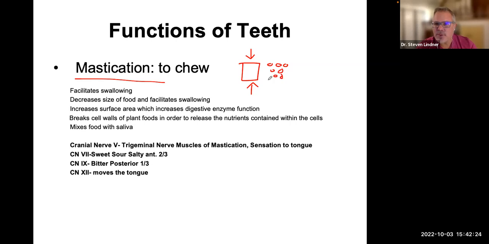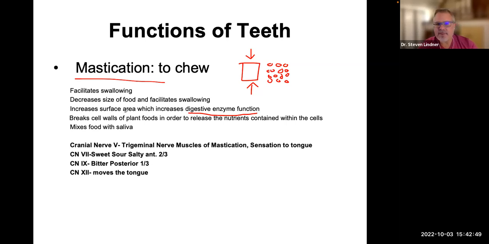And when you chew and you break it down into these smaller chunks, now you can have these digestive enzymes that just don't work on four sides of the food. It's working on all sides of this, all sides of this, all sides of all of it. So it increases the surface area for which the digestive enzymes can actually function.